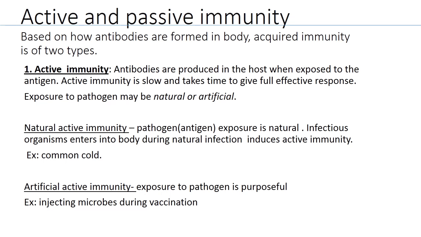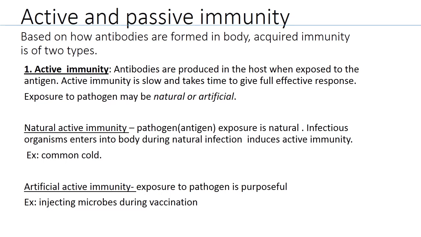This is a very slow process because when we are exposed to the pathogen, our immune system requires time for identification of the pathogen and to study the activities of the pathogen within the host. Then only it will produce antibodies. So for all this, the immune system requires time.